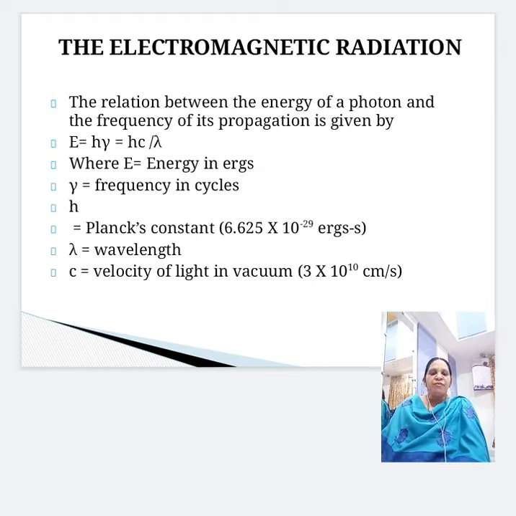So, the energy of the photon is given by E is equal to h nu, which is equal to hc by lambda, where c is the velocity of light in vacuum, which is 3 into 10 power 10 centimeters per second, lambda is the wavelength, h is the Planck's constant, whose value is 6.625 into 10 power minus 29 erg seconds, nu is the frequency in cycles and E is the energy in ergs.